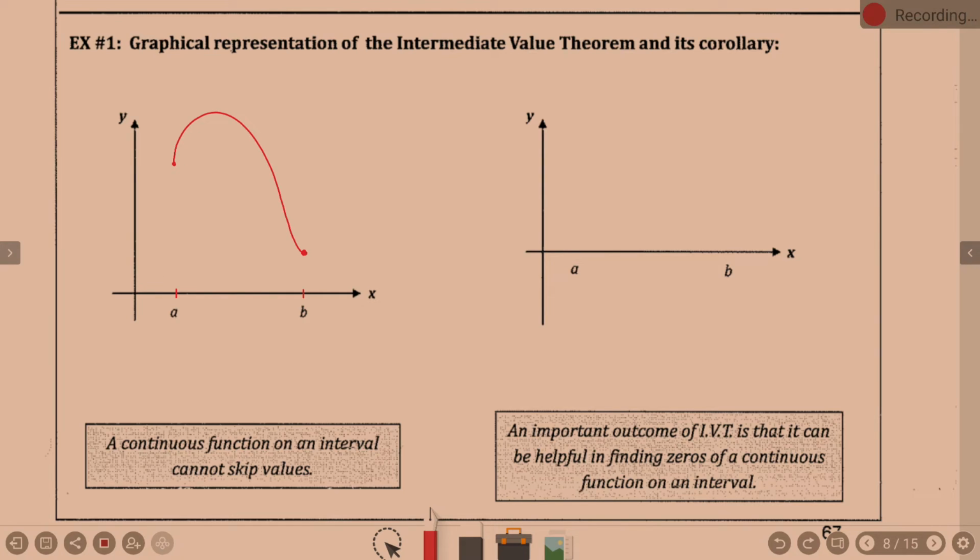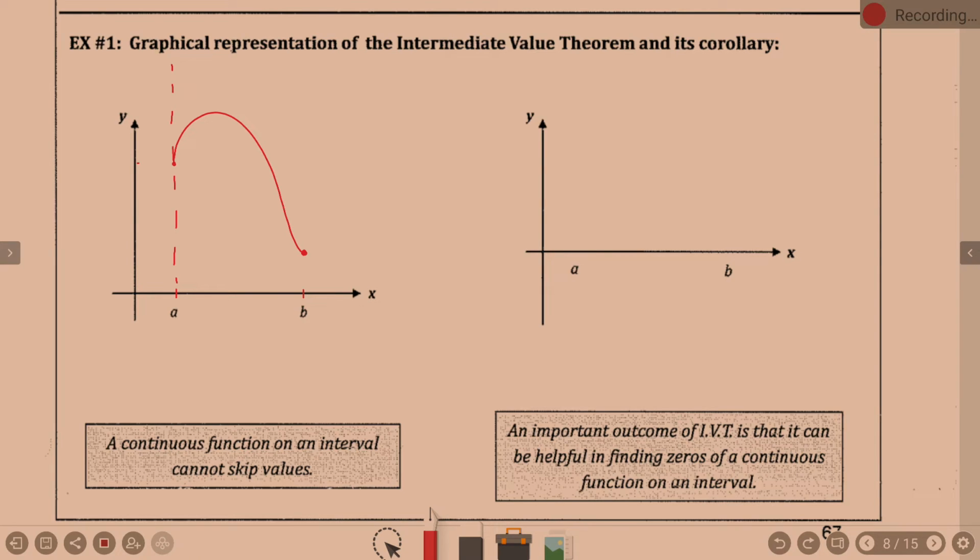That's my random graph that goes from A to B, yes? So right here, here's my A value. Well, we're going to pretend it's lined up. Okay, there's my A value.